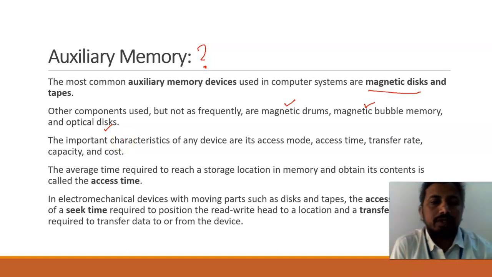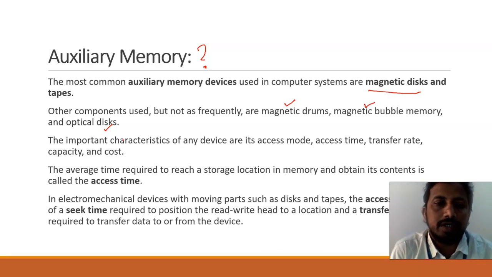This is an old literature, so that's the reason we are taking into consideration magnetic disk and magnetic tapes. The most important characteristics of the device are access mode, access time, transfer rate, capacity, and cost. These are the most important characteristics when you go for any memory device.